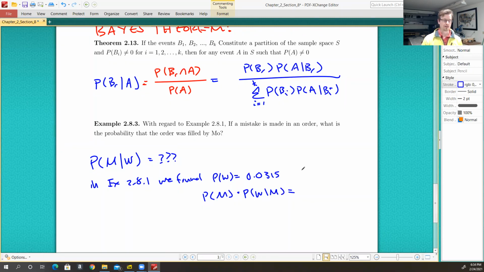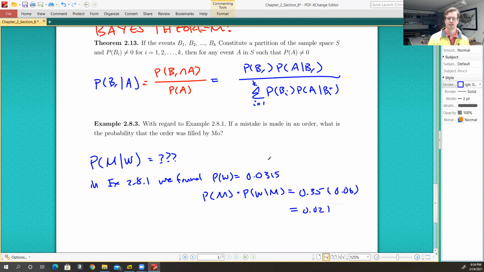We had already calculated that as well. The probability of a mistake given Mo, here we go: 0.35 times 0.06. And we can find that to be 0.021.